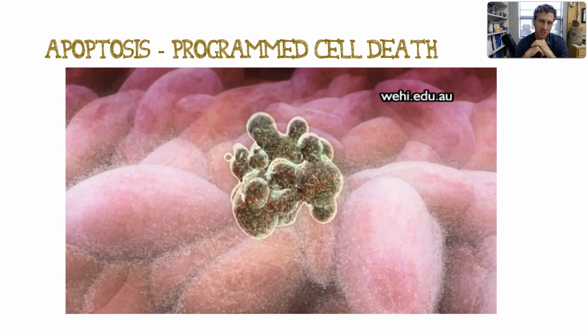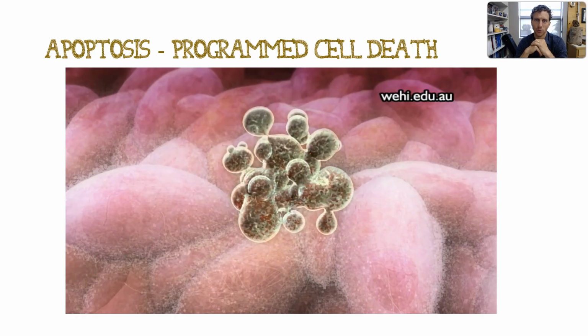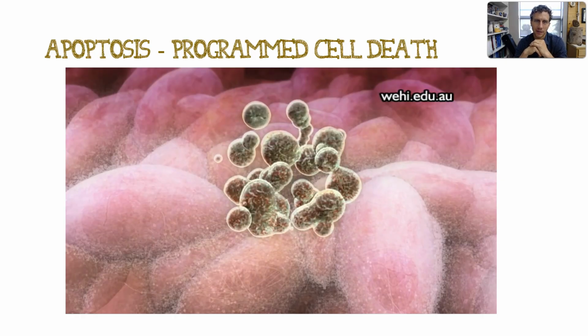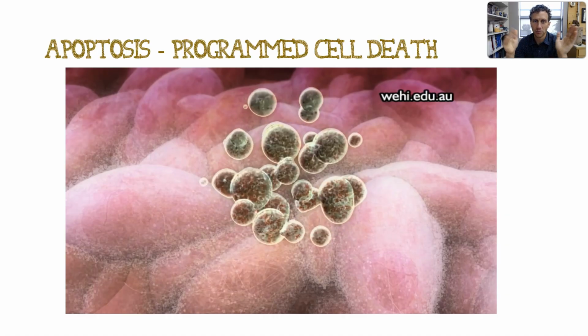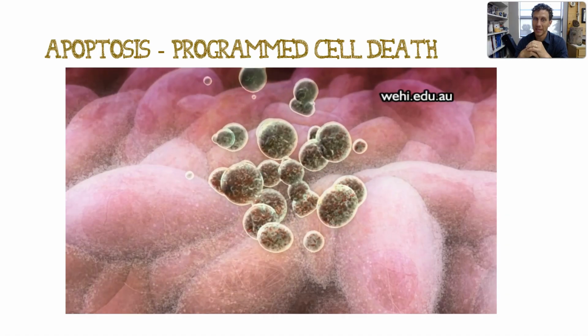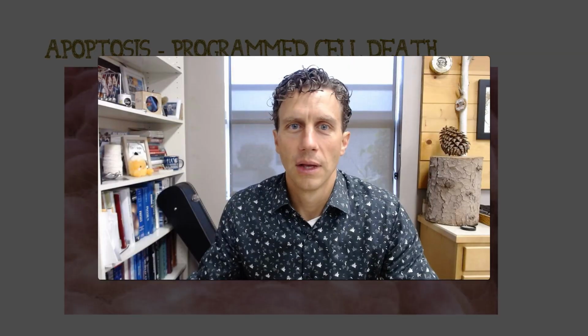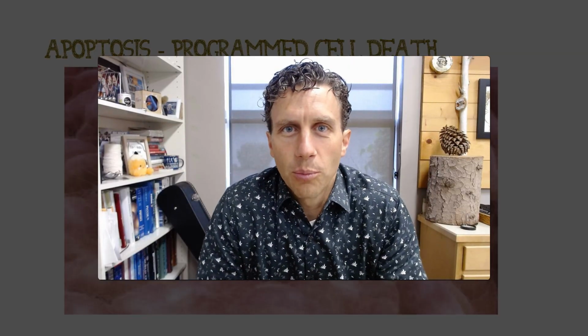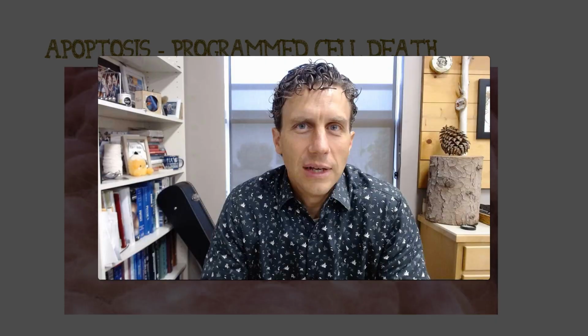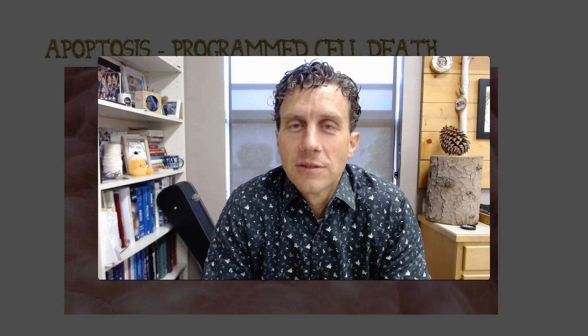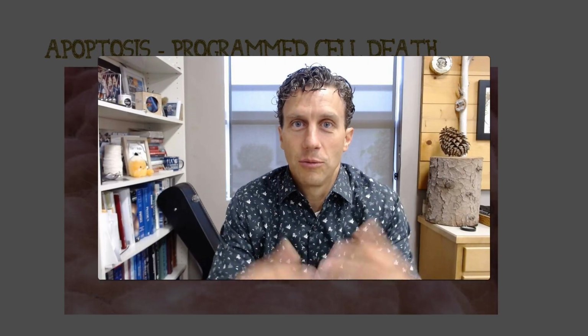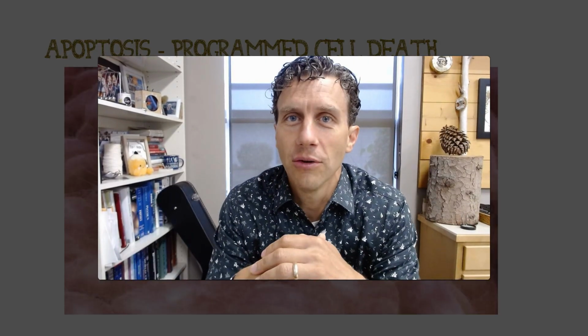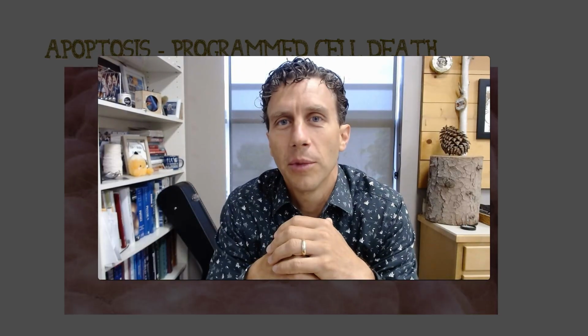And it will just disperse as little globules. And we end up just peeing these out. So that is apoptosis, or programmed cell death. And it sounds bad, it's making cells die, but it's important because it stops a cancer cell from dividing and forming a tumor.